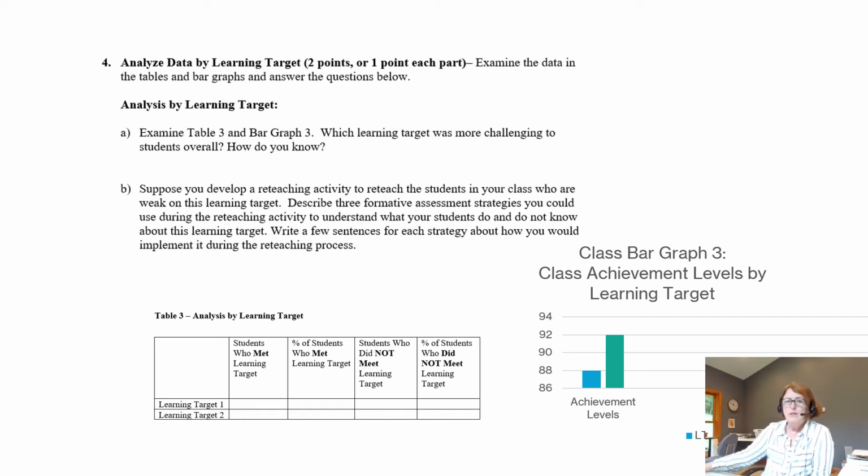And write a few sentences about each strategy. So we've covered lots of formative assessment strategies in class, and so pick out 3 that you like and you think might go well with this lesson and describe how you would reteach it and then what 3 formative assessment strategies are and how you would use them.